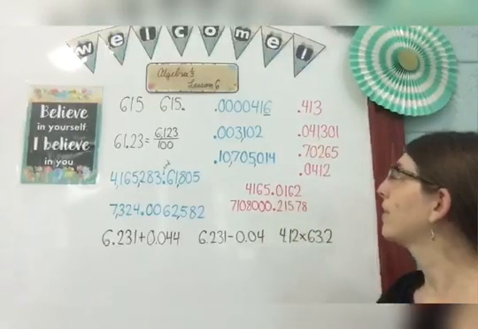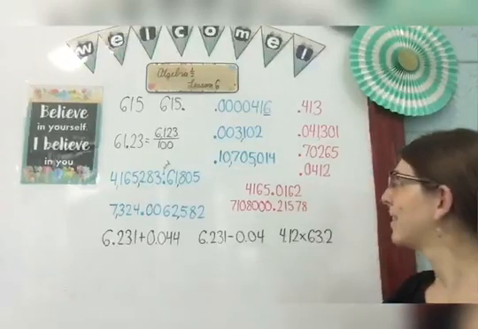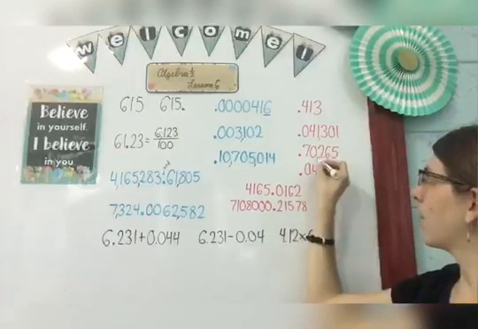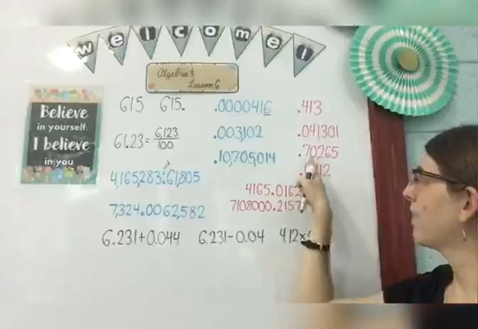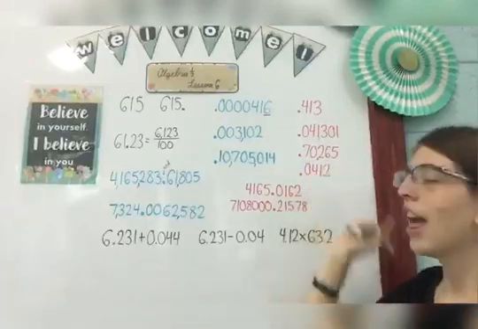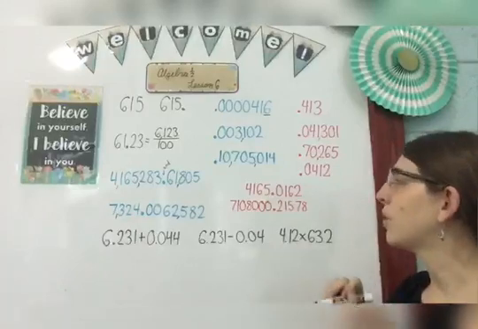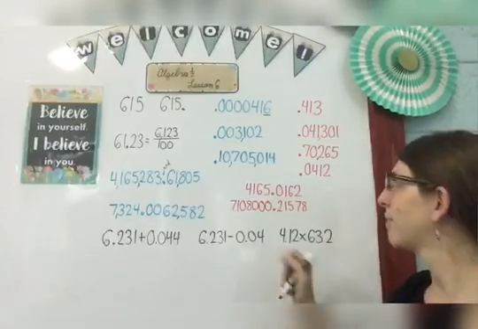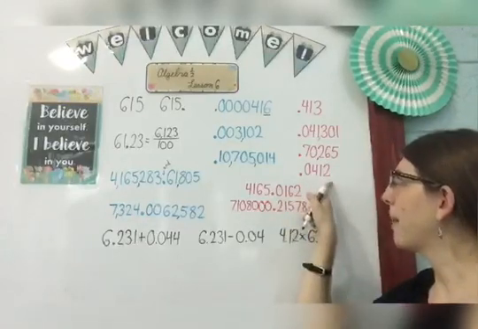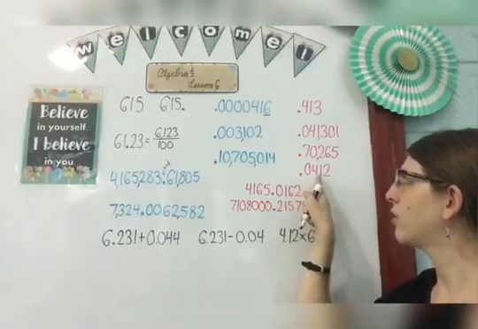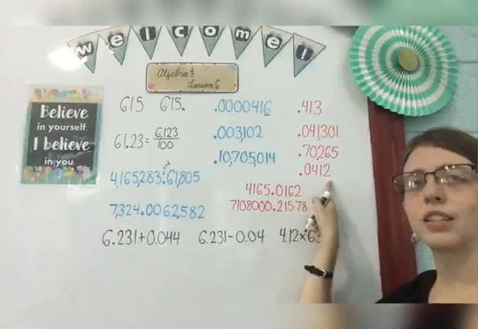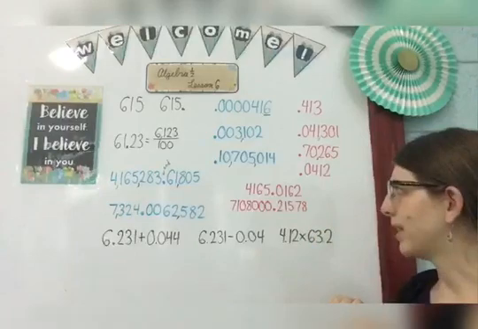So 41,301 millionths. This one, I put my comma in there. 70,265. This one would be hundred thousandths. 70,265 hundred thousandths. Here I don't need a comma. I just know that this is tenths, hundredths, thousandths, 10 thousandths. So this is 412 10 thousandths.